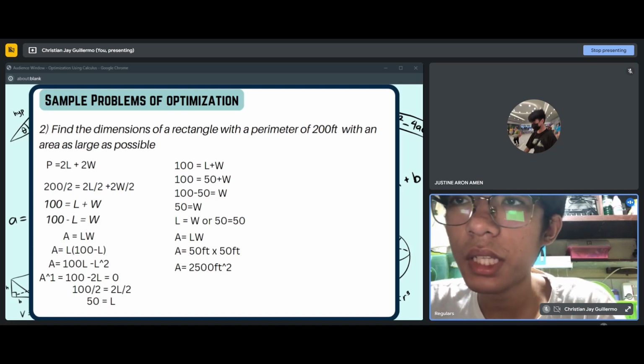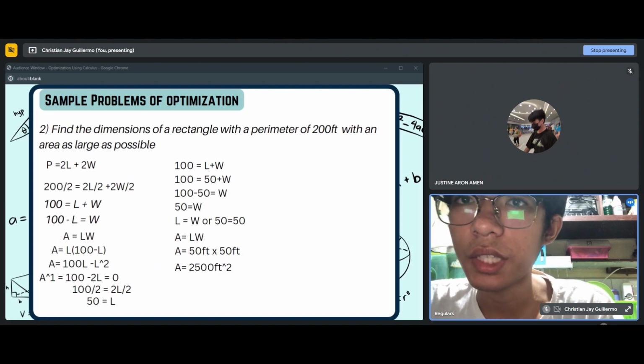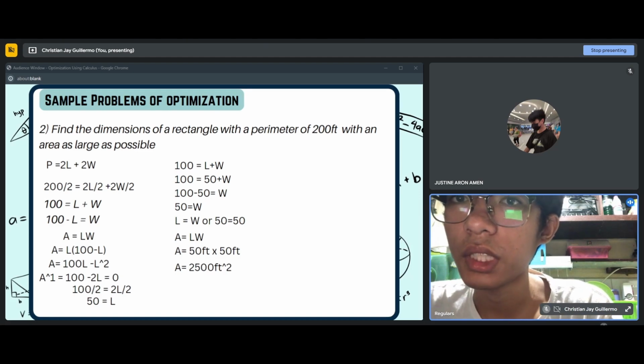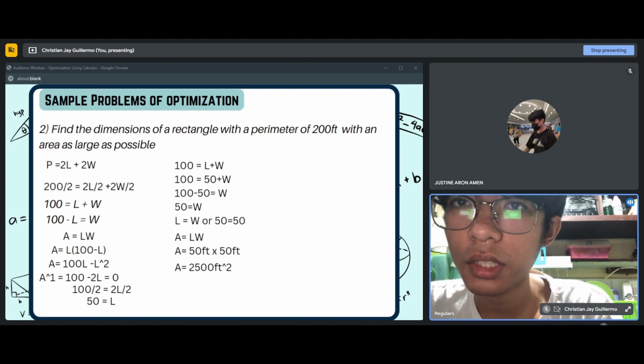Now, yung gagawin naman natin dito is tatanggalin natin yung 2 para maging length plus width na lang sila. So, 200 over 2, 2L over 2, 2W over 2. 200 over 2, we get 100. 2L over 2, we get length lang. Same with 2W over 2, we get width lang. So, yung final natin is 100 is equal to length plus width.